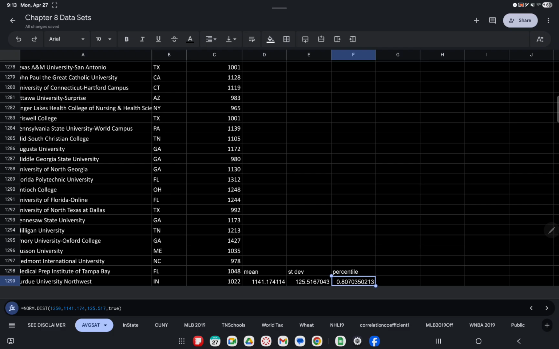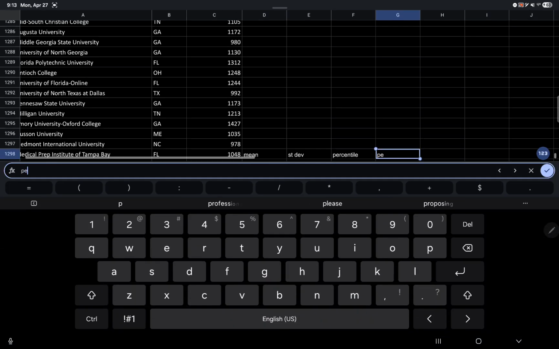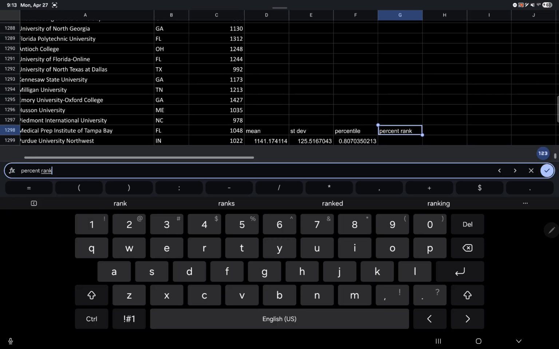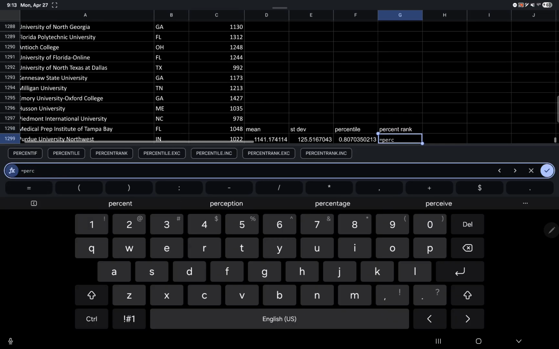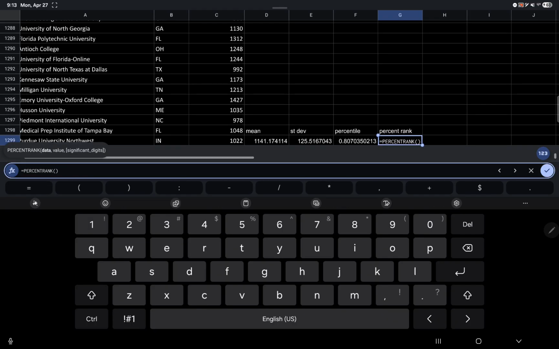And then it says using percent rank to find the actual percentile for it. See how close the estimate was. Okay. So I'm going to put percent rank here equals percent rank. And then it'll say data, value, and significant digits.